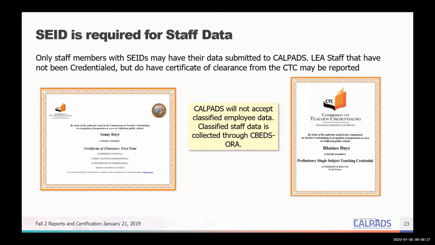So only staff members with SEIDs may have their data submitted to CalPADS. Anyone who does not have a SEID, because they're not credentialed, can request a certificate of clearance from CTC, and once that SEID is provided, then you submit the SDM and SASS.